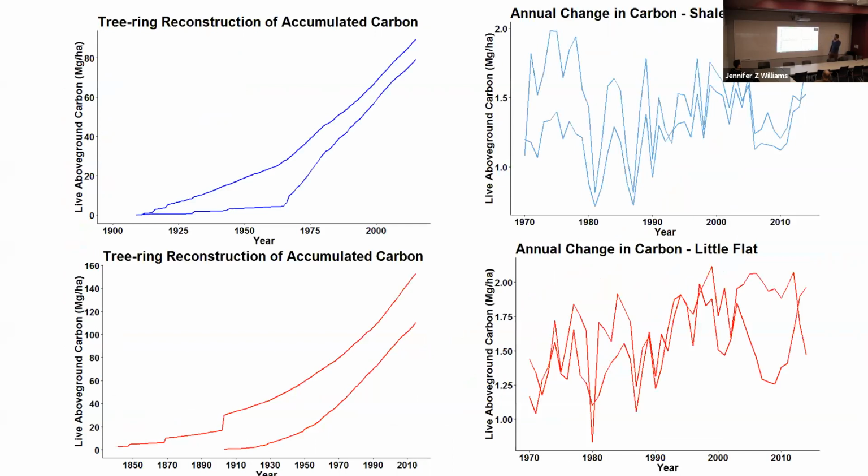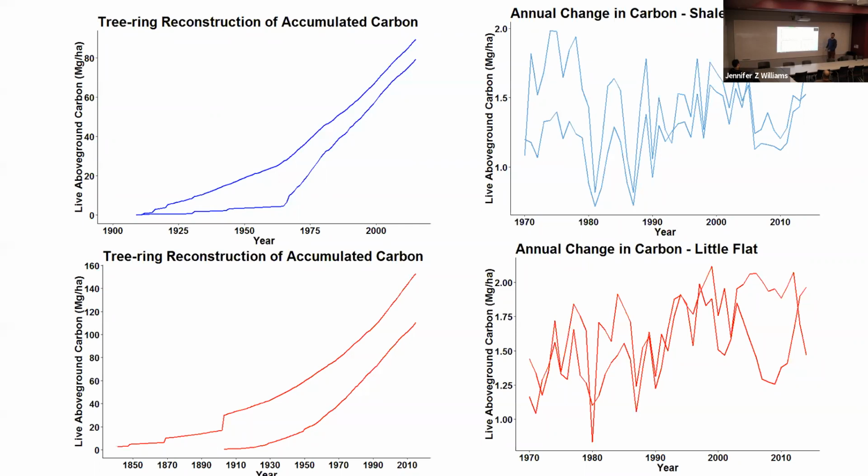On these 2 figures, the 2 blue lines are 2 plots from the same site in Stone Valley and 2 plots from the same site in Rothrock. If you look at the annual change in carbon between the 2, they vary within the same scale, from almost 0 to 2 megagrams per hectare, to a very similar level of productivity just from these two plots.